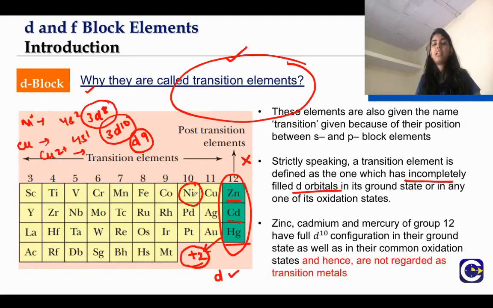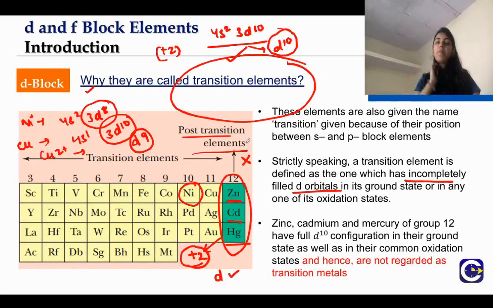For example, zinc has the electronic configuration 4s2 3d10, right? Now you come to +2, so this will become d10. Again the subshell is completely filled. So that means they are not transition elements, but they are post-transition elements, because neither in their oxidation state nor in their ground state is the d subshell incompletely filled.